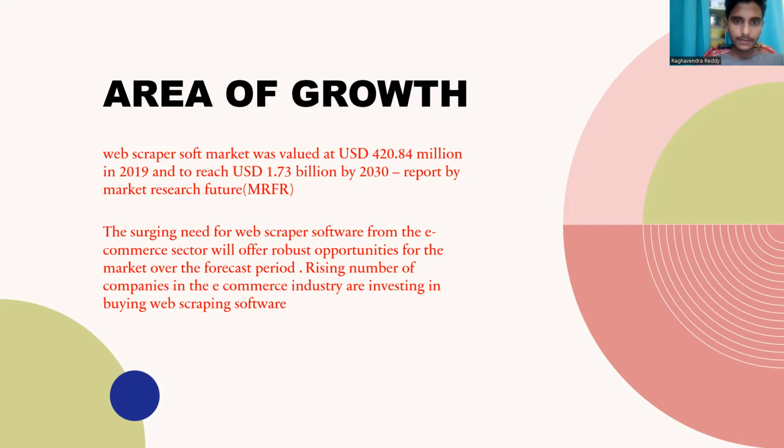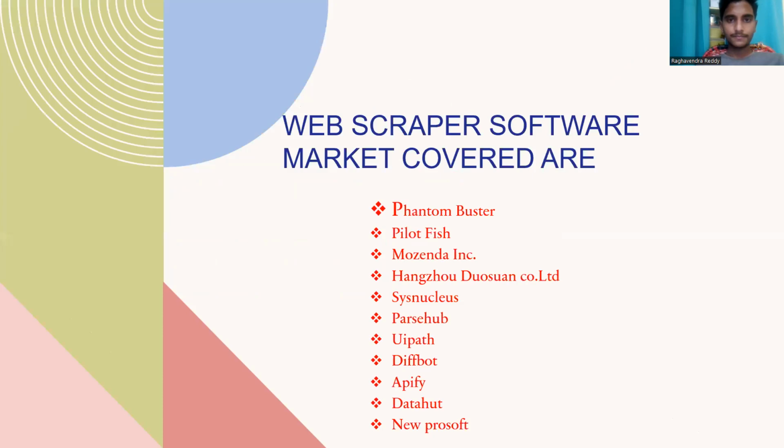There is a strong need for web scraper software from the e-commerce sector, which offers robust opportunities for the market over the forecast period. A rising number of companies in the e-commerce industry are investing in buying web scraping software. This is a very good opportunity for all the web scrapers in the industry.